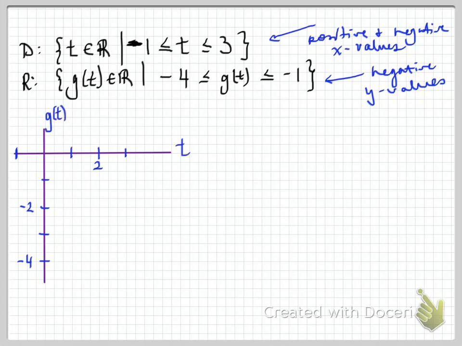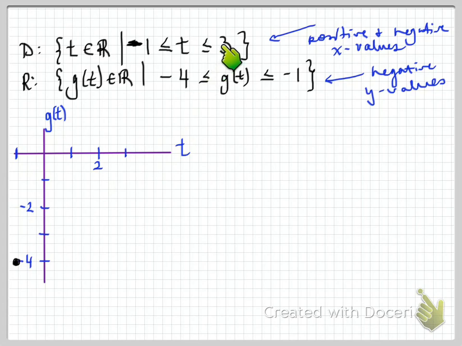Ready? So -1 is our lowest domain, and our lowest range is -4. So it's like plotting. We're trying to do an example. It doesn't mean that it has to be this example. We're trying to draw an example that represents this. So I'm taking the lowest and the lowest and writing it here. That is my lowest domain and my lowest range, and I count that as a point.